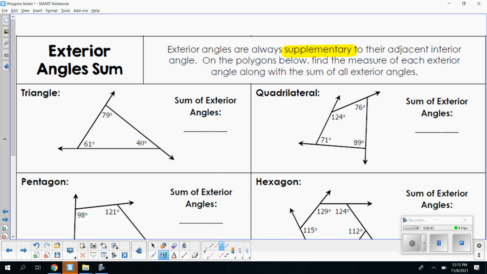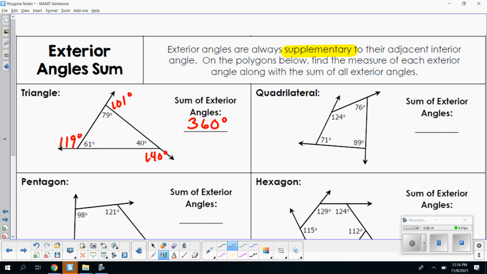So if we take a look at this triangle right here, 79 degrees, we'd add 101 to get that to equal 180. 40 degrees plus 140 will give me 180, and 61 plus 119 degrees will also give me 180. The sum of my exterior angles here, 101 plus 140 plus 119, is going to equal 360 degrees.